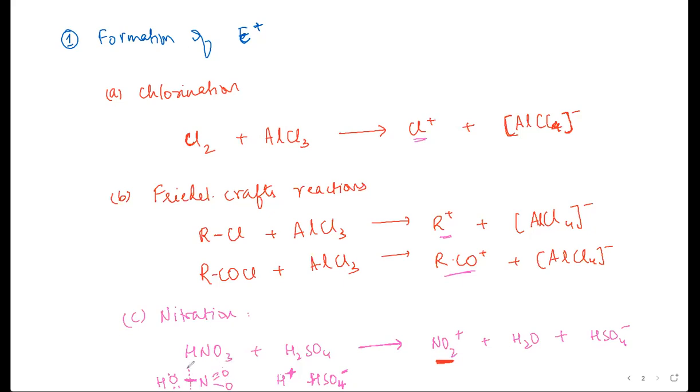So it is the easiest for the H plus to break this particular bond between nitrogen and oxygen. Okay, so that's how we get our nitro electrophile. H plus combines with OH minus, forms H2O, and the remaining part is HSO4 minus.